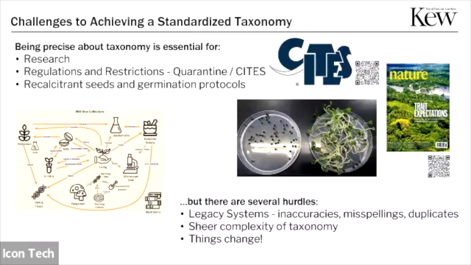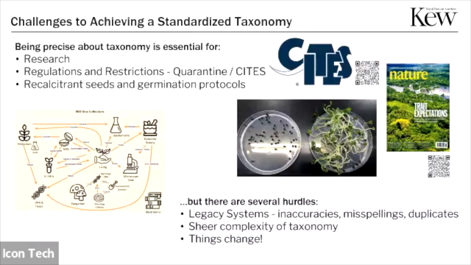Bringing together things into one system has had its challenges regarding taxonomy. The legacy systems often didn't use controlled lists, and so we have lots of cases of inaccuracies, misspellings, duplicates in those systems as we've tried to migrate them into one system. The sheer complexity of taxonomy is the next thing.